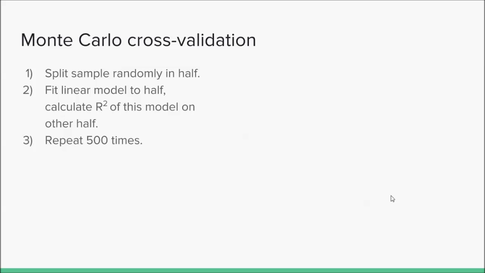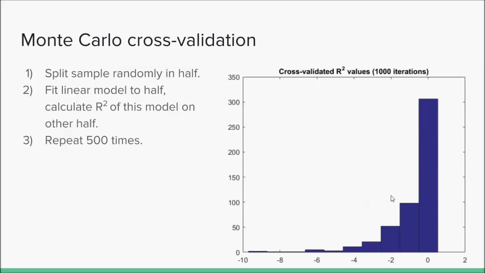And then I repeated this 500 times. So when I did this, I got some r-squared values which were in the range that I originally got, which was 0.33, you'll remember, and r-squared typically ranges from 0 to 1. So you'll see there's a good amount, maybe 300 of the 500, which are here.